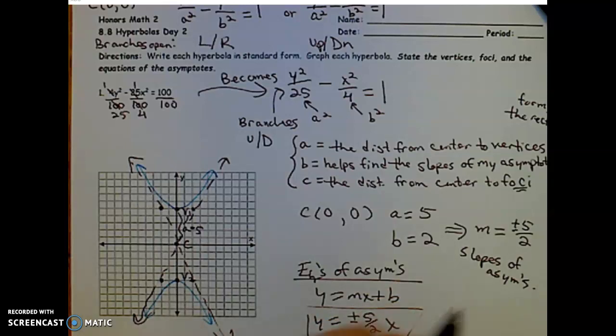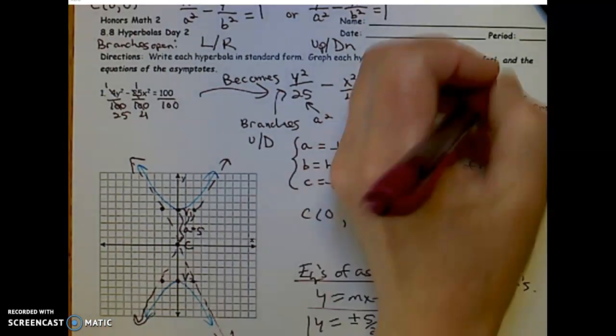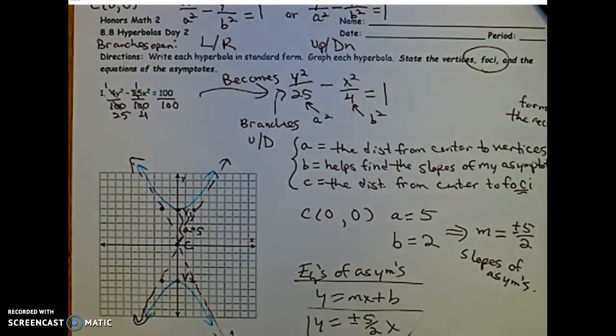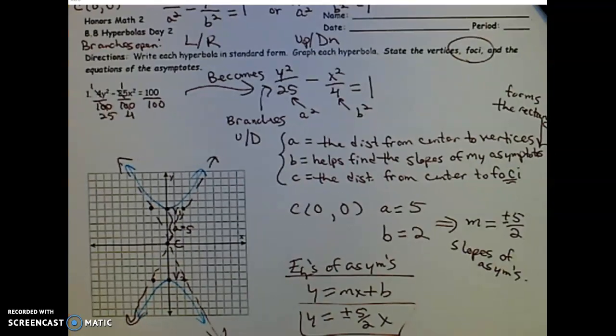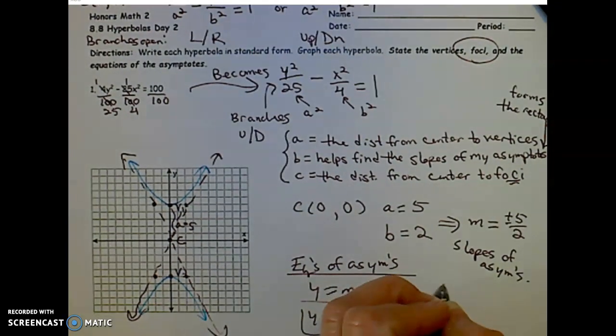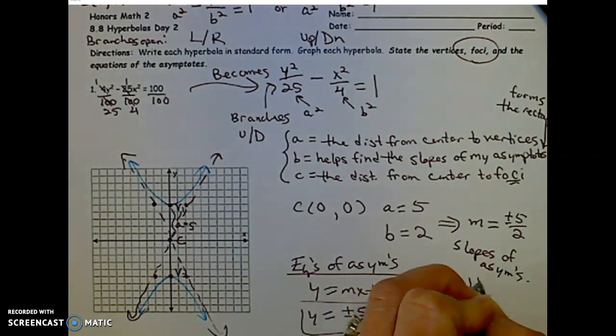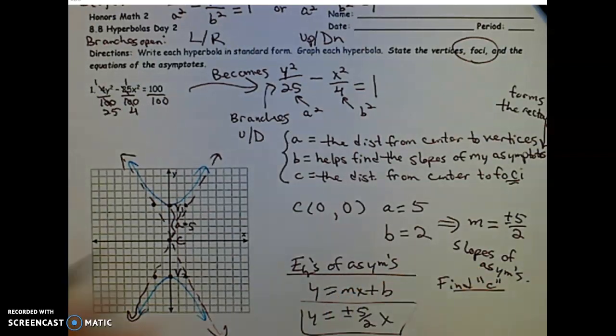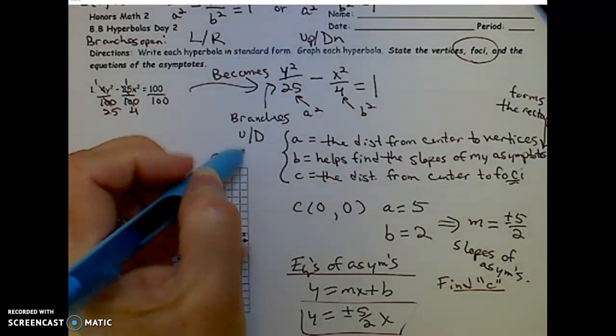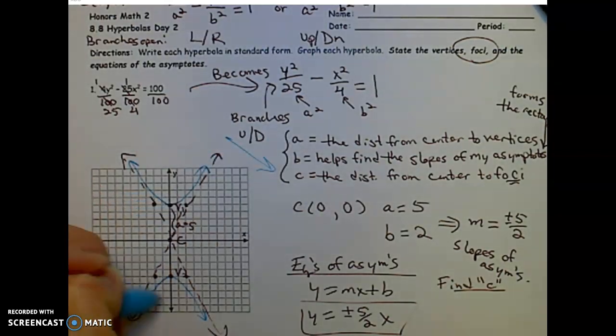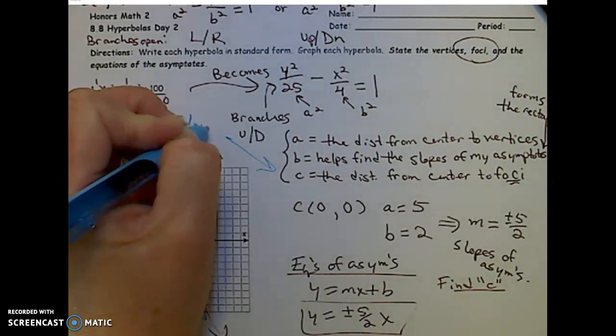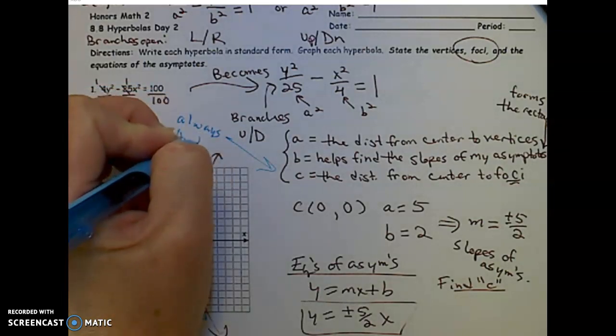The only other thing I have to find now are my foci. So I'm going to find the foci of this hyperbola. Okay, to find the foci, it's got a C in it, I need to find C. In a hyperbola, since my foci fall inside my branches, C is always the biggest.